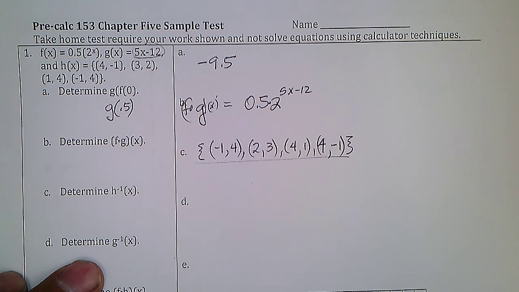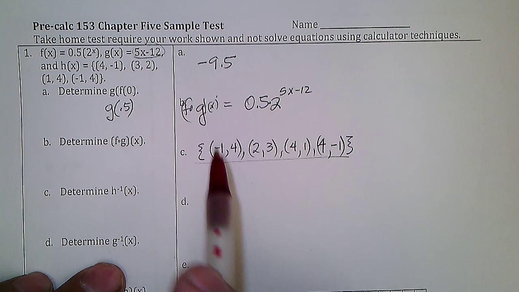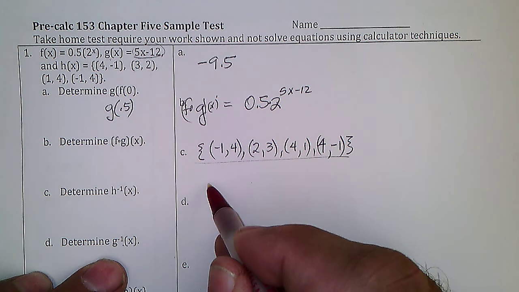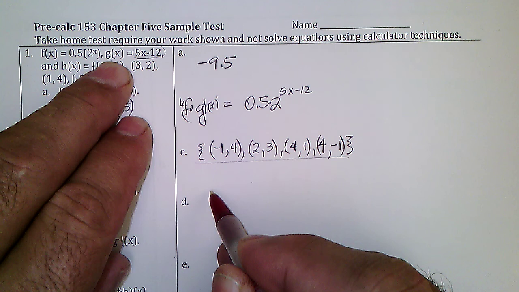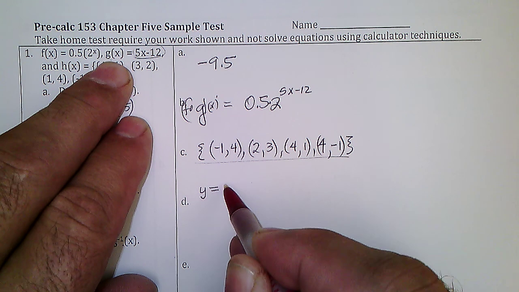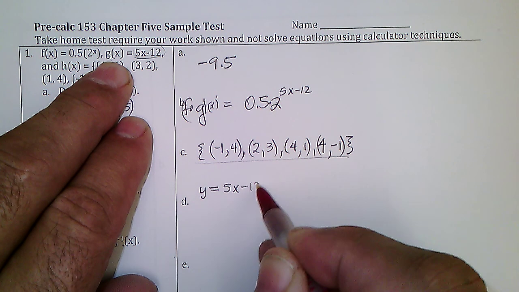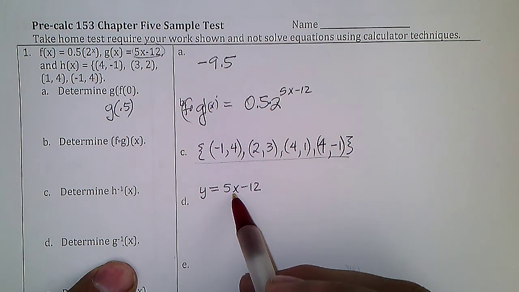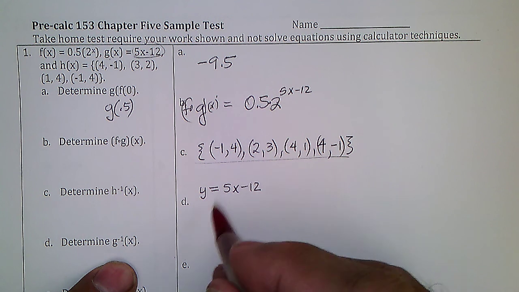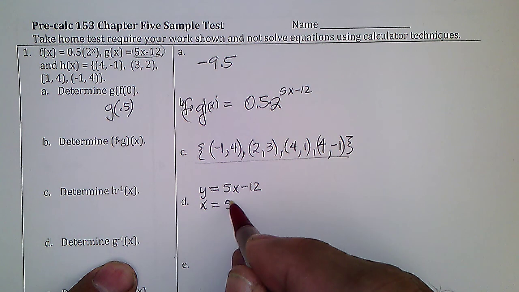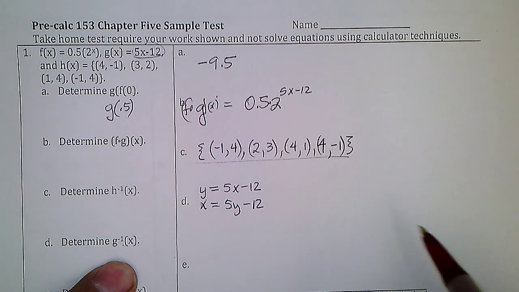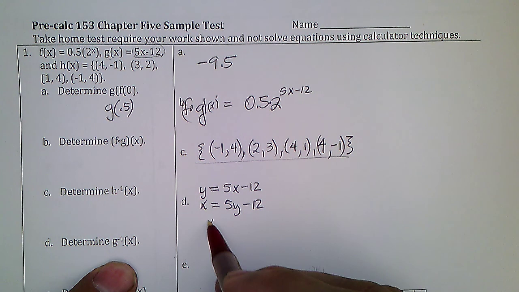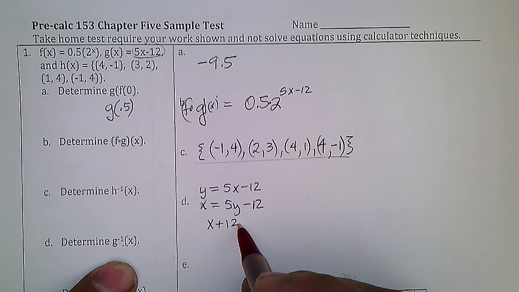Okay, g inverse of x. So we have g, and to find its inverse, first we change g of x to y equals 5x minus 12. And then we switch the y and the x, and we get x equals 5y minus 12. Then we solve for y, so I'll add 12 to both sides.